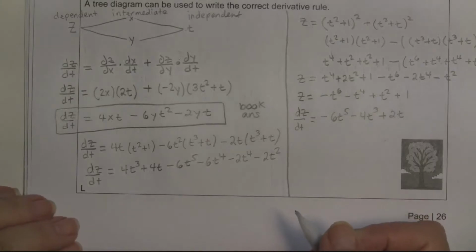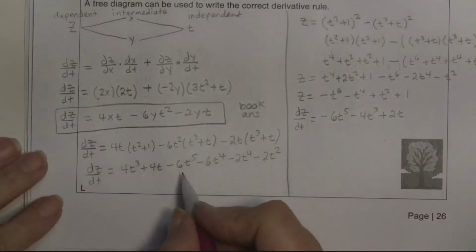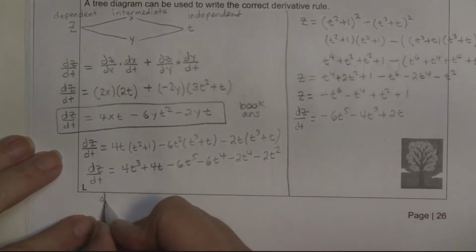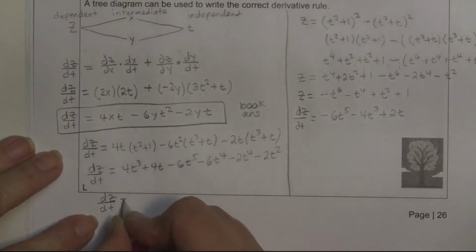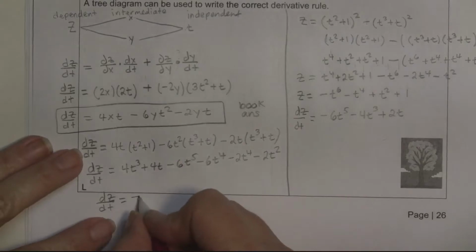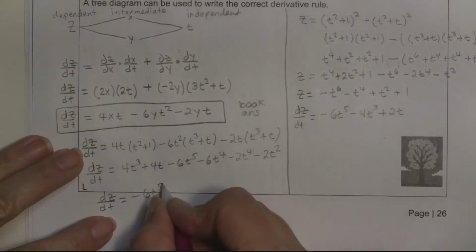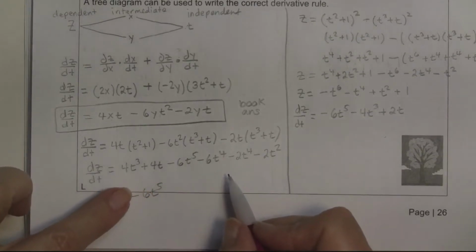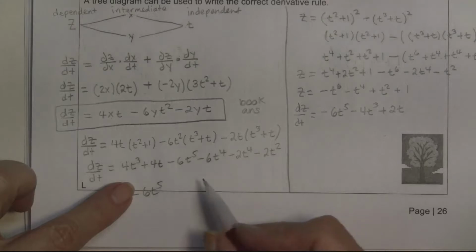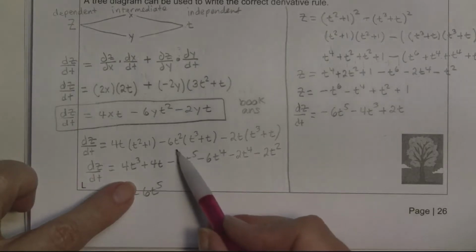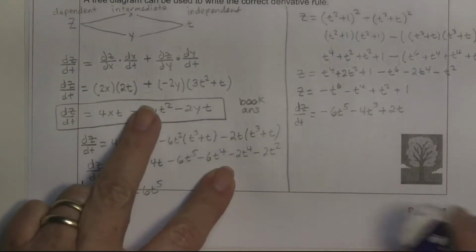So I'm almost there. Writing this one first, dz dt equals negative 6t to the fifth. I got the t to the thirds, this was a t to the third, sorry.